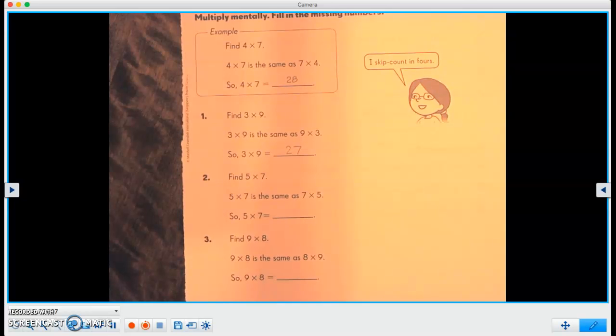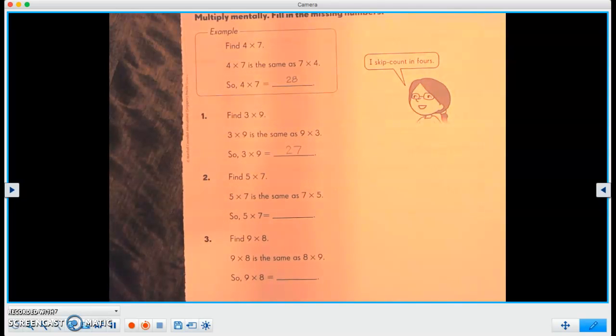Find 9 times 8. 9 times 8 is the same as 8 times 9. So 9 times 8 equals blank. Well, again, you can count on your fingers 8 over and you're going to find the answer. You can look on your chart. Come up with the way that works for you.